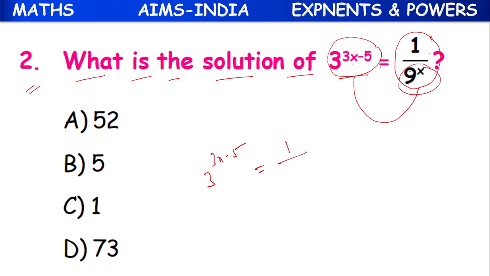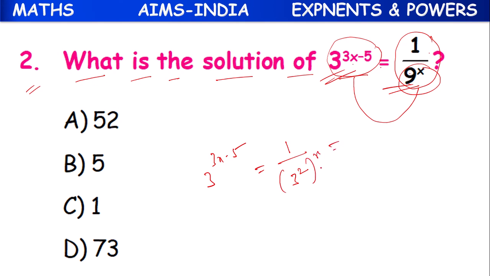But 9 can be written in terms of 3, because in the LHS we have 3 as base. In the RHS also, 9 can be written as 3 squared, whole to the power of x.